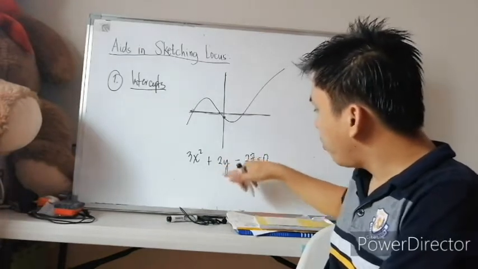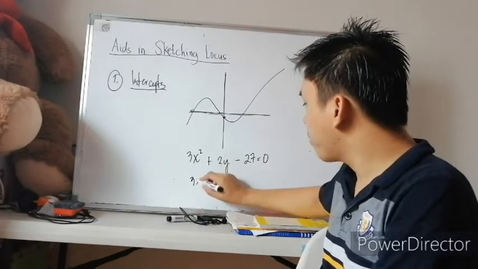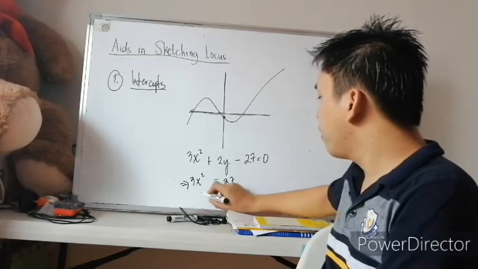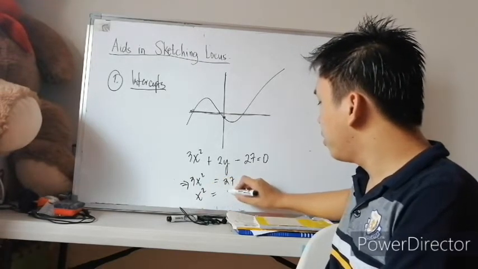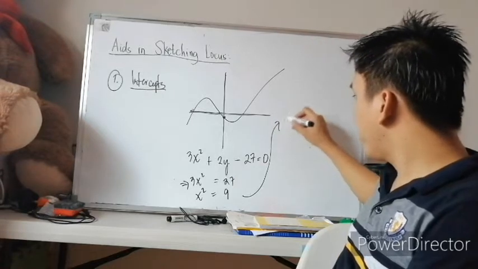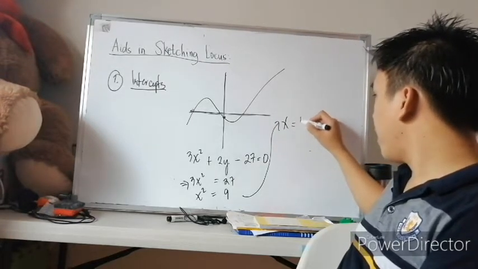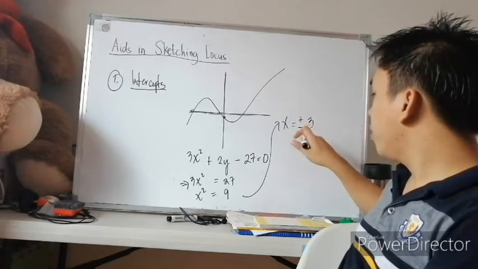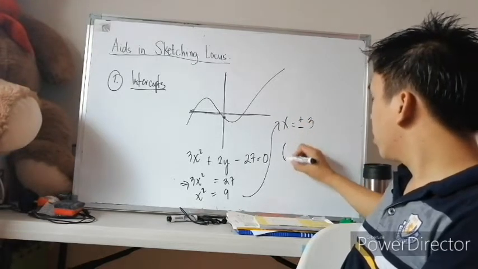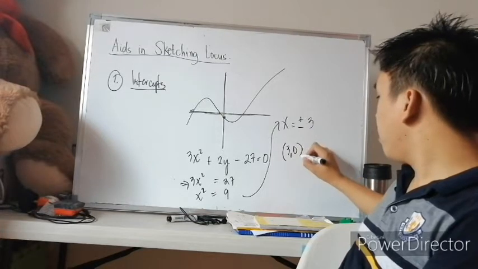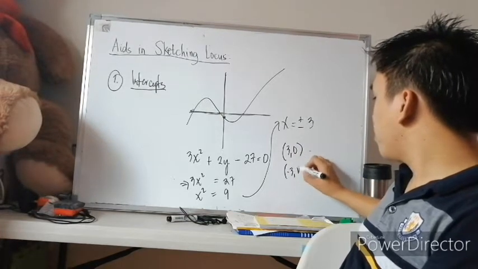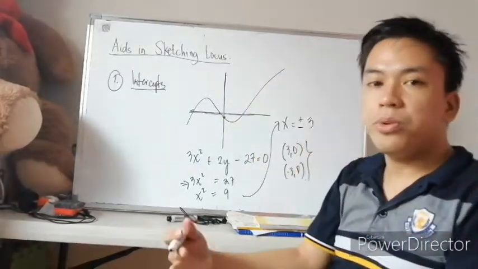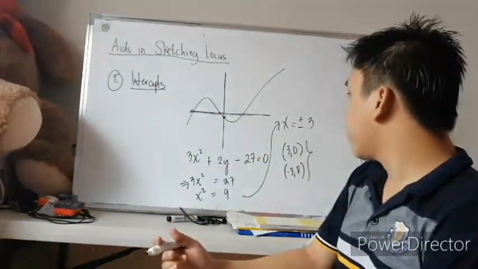Assuming y becomes 0, we have 3x squared equals 27, so x squared equals 9, which implies x equals plus or minus the square root of 9, or 3. Therefore, at the points (3, 0) and (-3, 0), the graph of the locus intersects the x-axis.